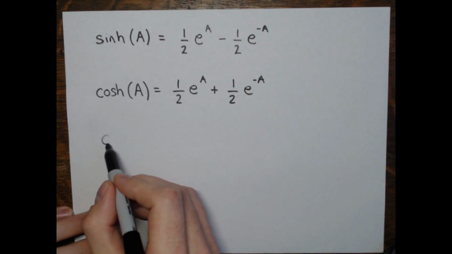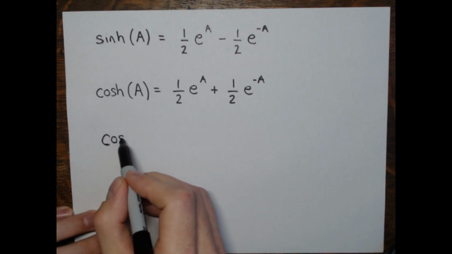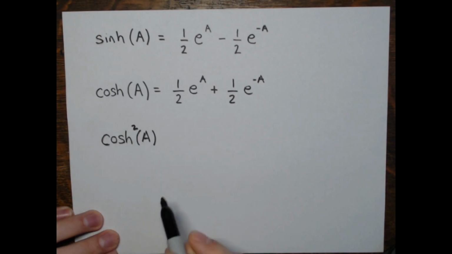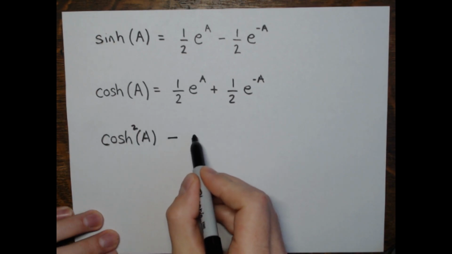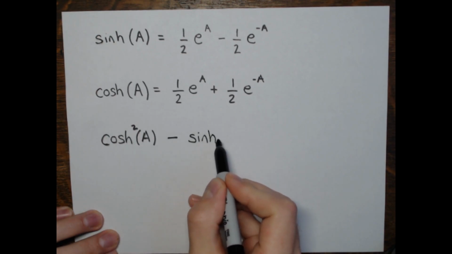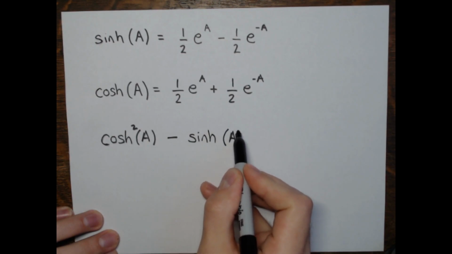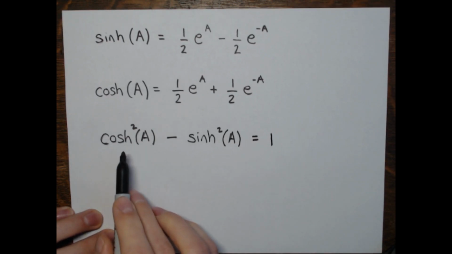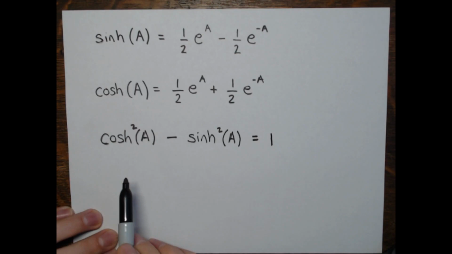And then a property of these is that the hyperbolic cosine of some argument squared minus the hyperbolic sine of that same argument squared will always be equal to 1. So like for trig, it was cosine squared plus sine squared equals 1.